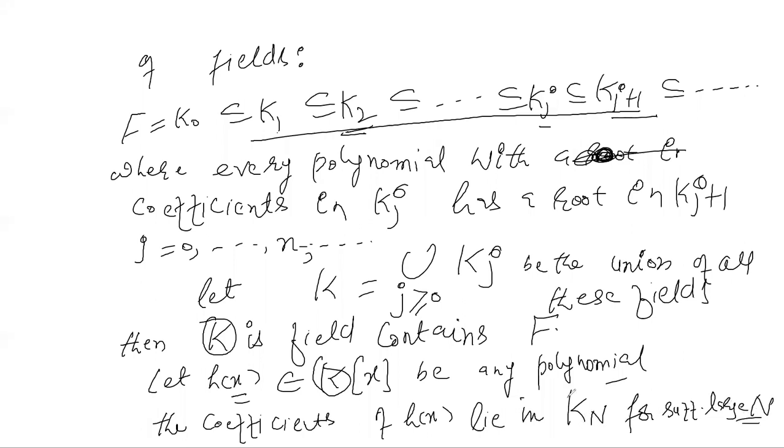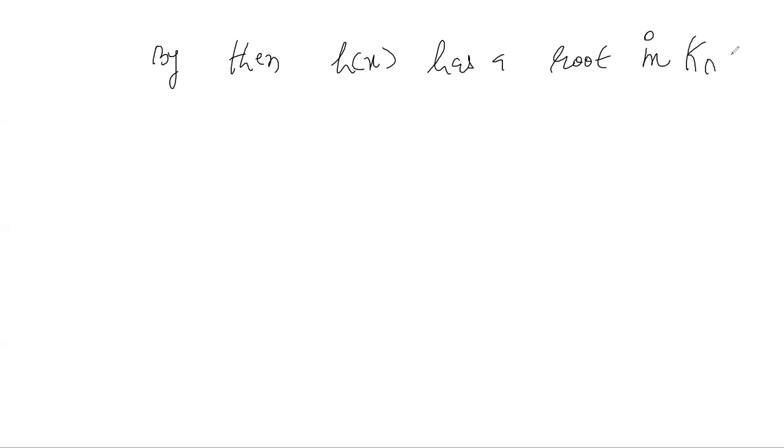But by our hypothesis, this polynomial h(x) would then have a root in Kn plus 1. But Kn plus 1 is contained in K, and so h(x) has a root in K. So this means K is algebraically closed.